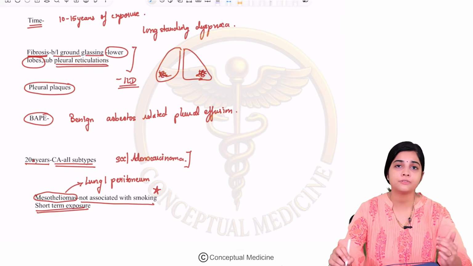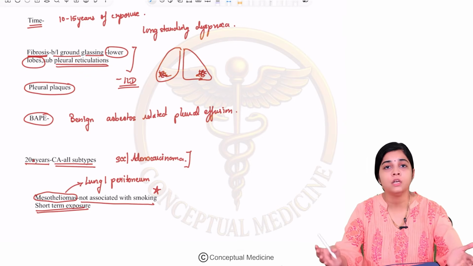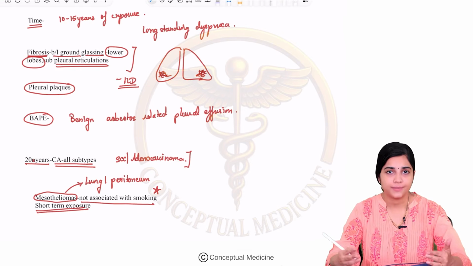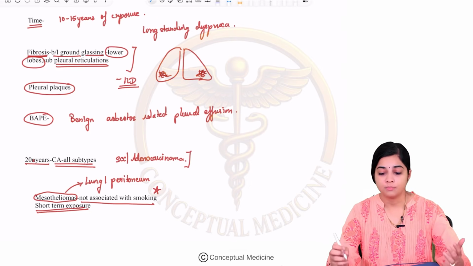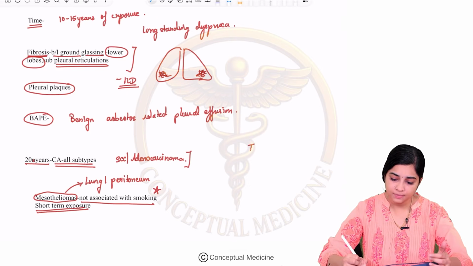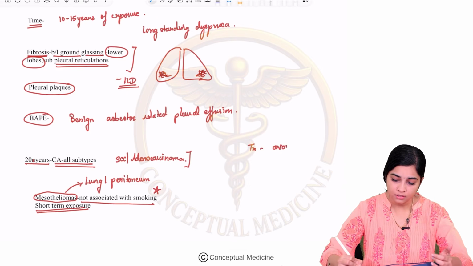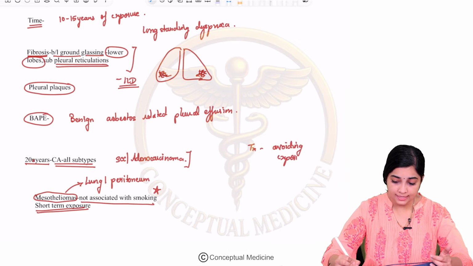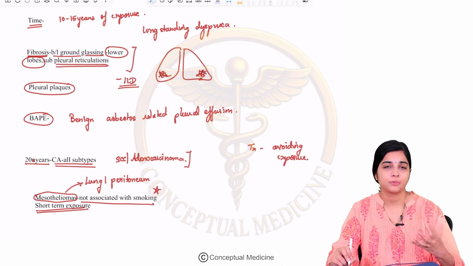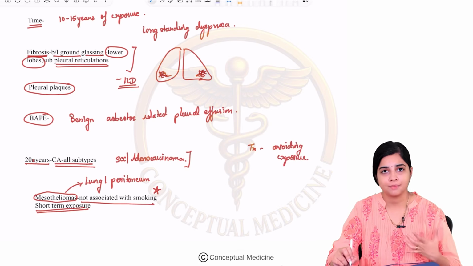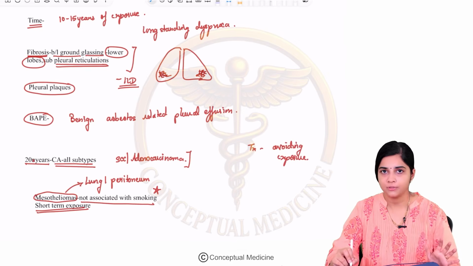Okay. So how do you treat these kind of patients? It depends on which stage the patient is presenting to you. If the patient is presenting to you in the earlier stages, the most important step would be avoiding the exposure. So since this is an occupational hazard, we have to go every step and ensure that they are provided with masks, they are provided with respirators, and ensure that the exposure is less.